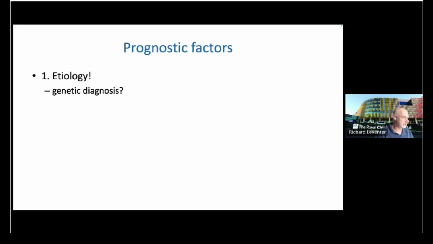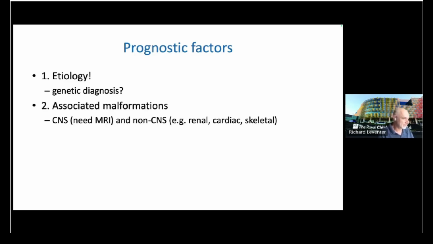Prognostic factors: etiology, number one. If you can make a genetic diagnosis, you can usually predict the prognosis and decide whether the child is in a good or an unfavourable prognostic group. Associated malformations, and for that you'll really need MRI, and you may not need to look further in the body for other abnormalities. The prognosis is worse with associated malformations.